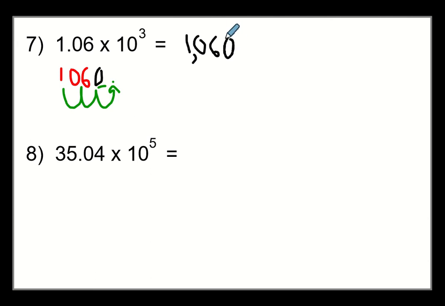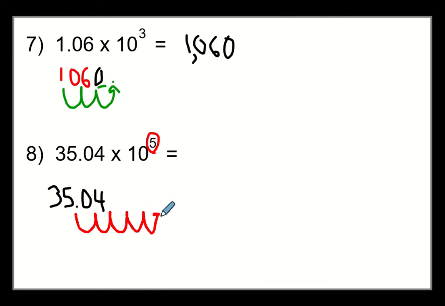1,060. And finally, we have 35 and 4 hundredths times 10 to the fifth power. And so, again, I can zoom in on my exponent, which is a 5 here, and that tells me that I need to move my decimal over 1, 2, 3, 4, and 5 places.